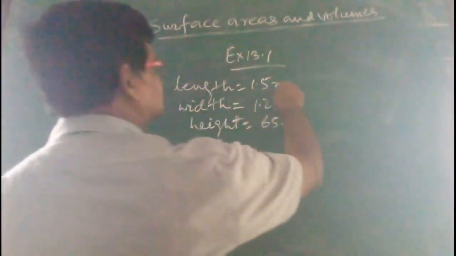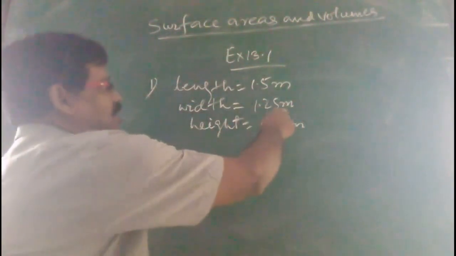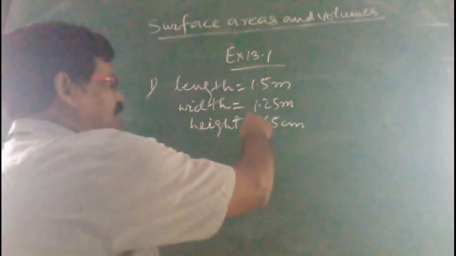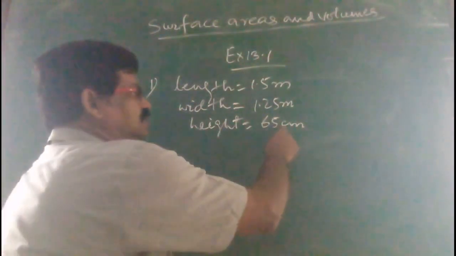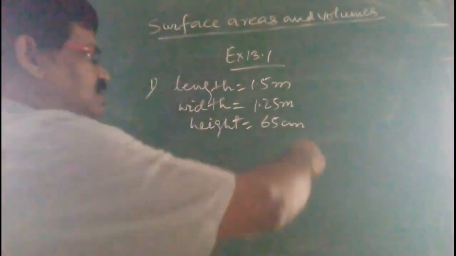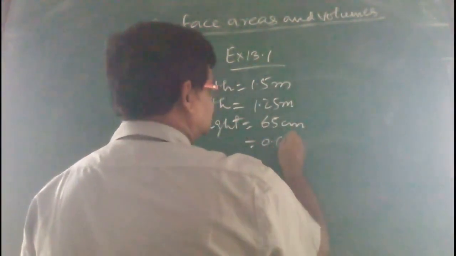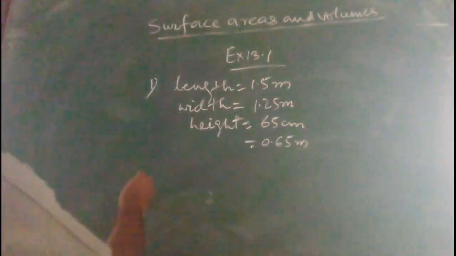The length and width are given in meters, and height is given in centimeters. So first, to make them the same unit, height is 0.65 meter.